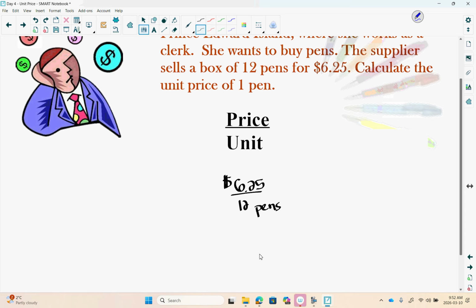And I'll round it to the nearest, like it says. It says 0.52083, and then the 3 just carries on crazy forever. Okay, and that would be dollars and cents for 1 pen.